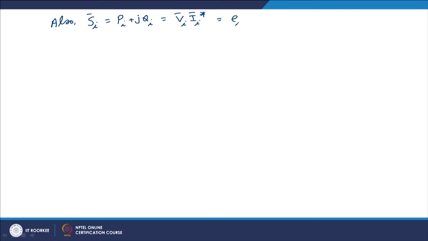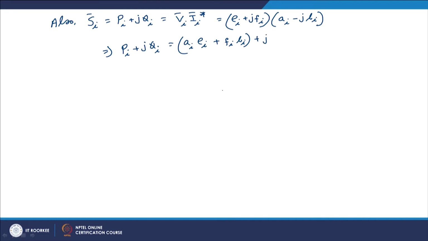This can be written as (Ei plus jFi) times (Ai minus jBi). Therefore, Pi plus jQi is equal to Ai Ei plus Fi Bi, plus j (Fi Ai minus Ei Bi). So, Pi is equal to Ei Ai plus Fi Bi.